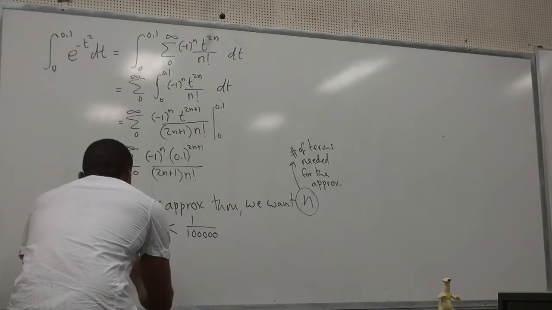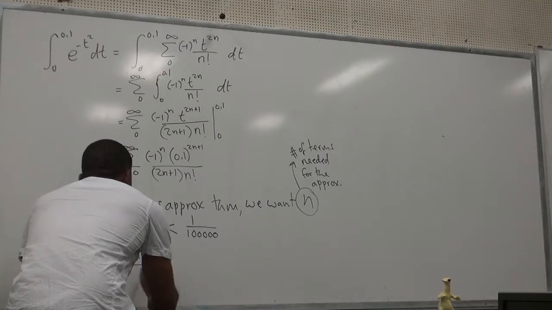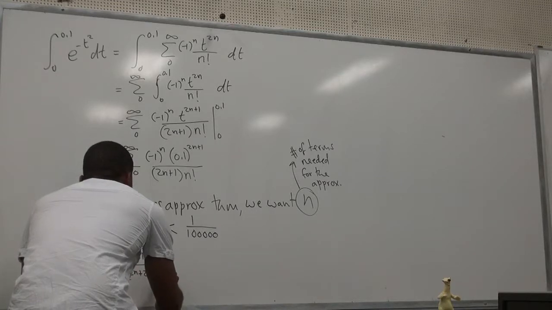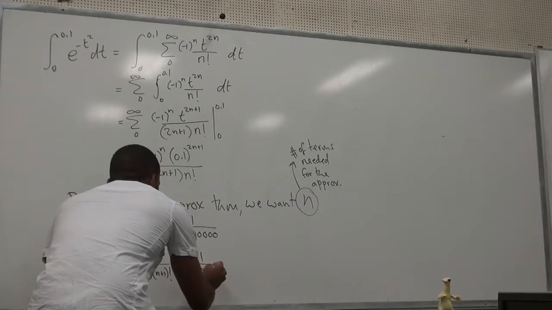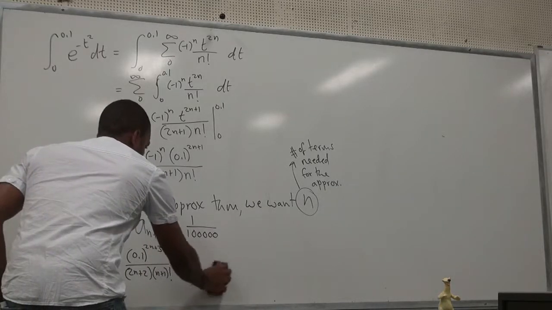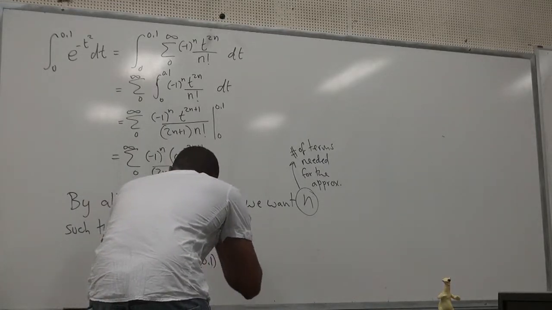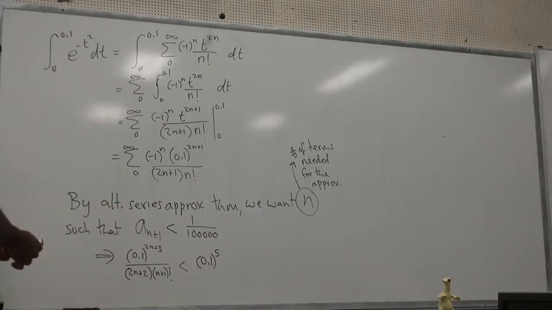This implies I want 0.1 to the 2n plus 3 over 2n plus 2, times n plus 1 factorial, to be less than that. So I actually want n to solve that inequality.